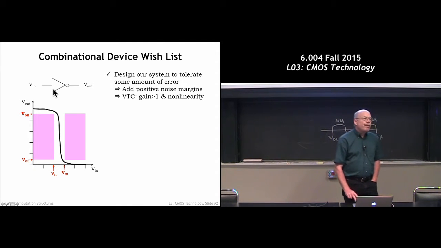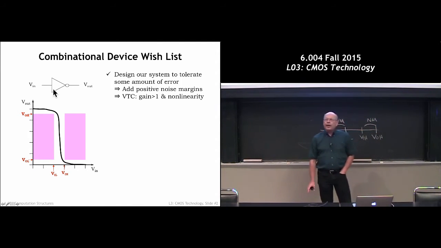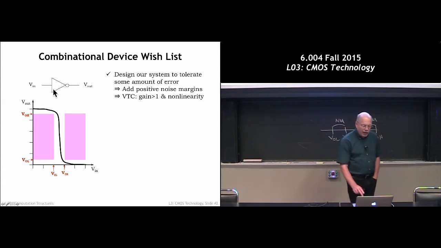An inverter, if you put in a 0, you get out a 1, and if you put in a 1, you get out a 0. It inverts the bit that you're putting in. So anything below VIL produces a voltage above VIH, or VOH. And if I put in a high voltage, I get out a low voltage.